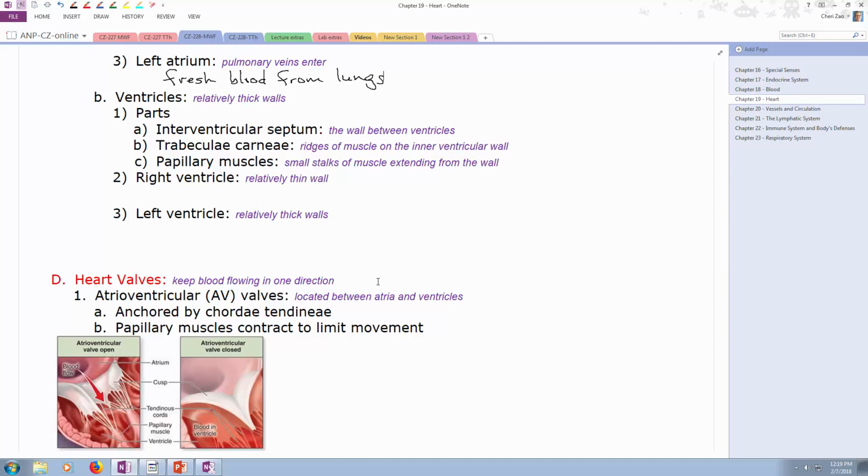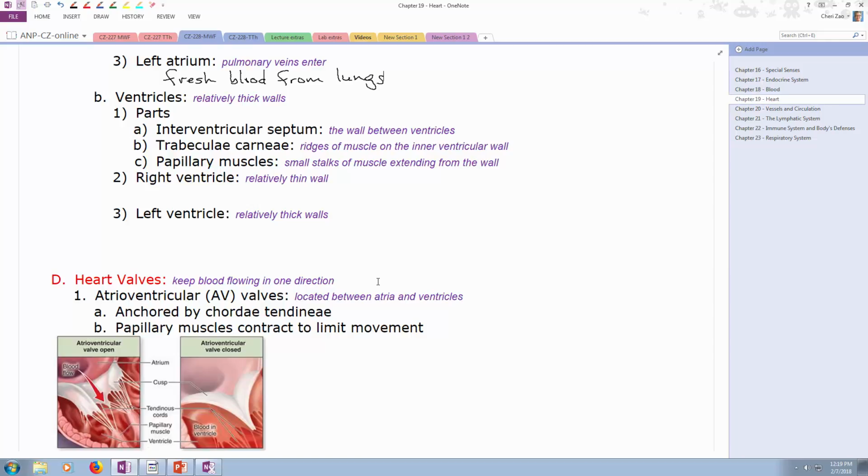The left ventricle is responsible for pushing blood out into the system, so your entire body except for your lungs, because the right ventricle is responsible for sending blood to the lungs. So the right side is often referred to as your pulmonic circuit, and the left side as your systemic circuit. We'll get into that part of the notes in just a moment.